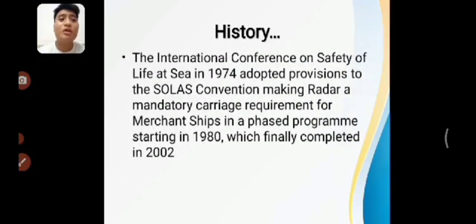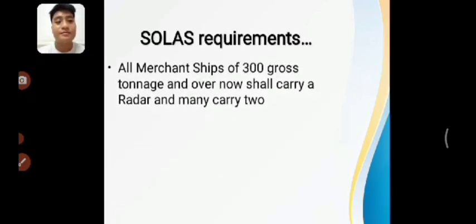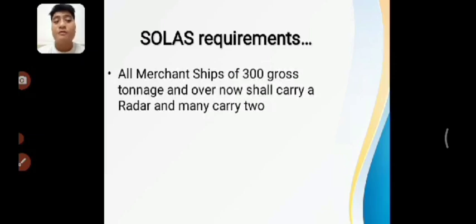SOLAS 1974 adopted provisions making radar a mandatory carriage requirement for merchant ships in a phased program starting in 1980, which was finally completed in 2002. SOLAS requirements: all merchant ships of 300 gross tonnage and over shall carry a radar, and many carry two.